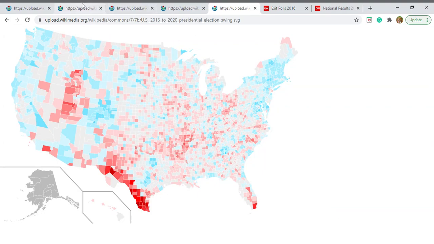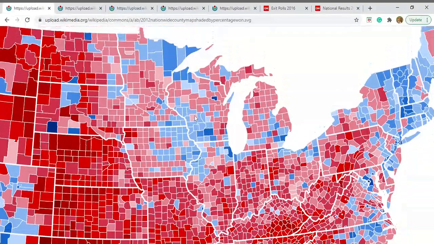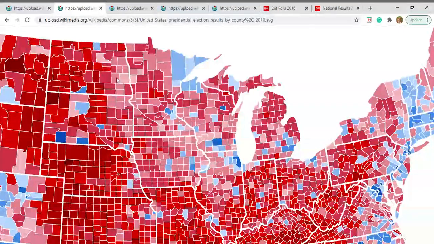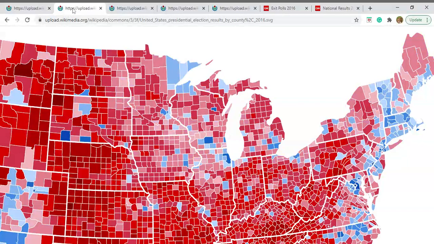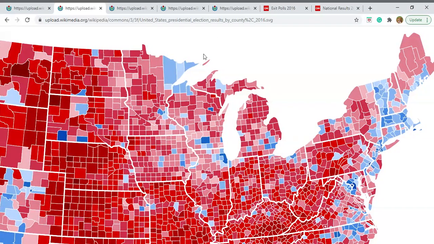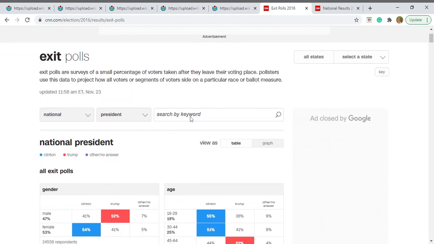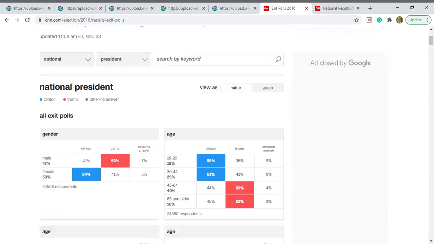So right off the bat, I'm going to start with the shifts in the Midwest from 2012 to 2016, how much redder this area got. So if you can see, it's very blue, then it got a lot redder. And this is because of a key demographic in the Midwestern area, white, uneducated, blue-collar workers.